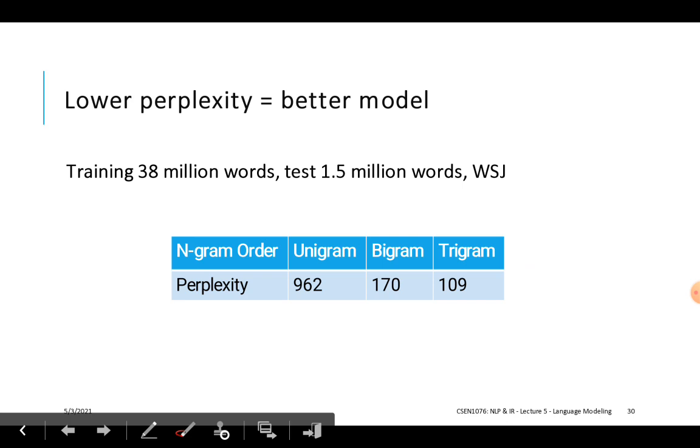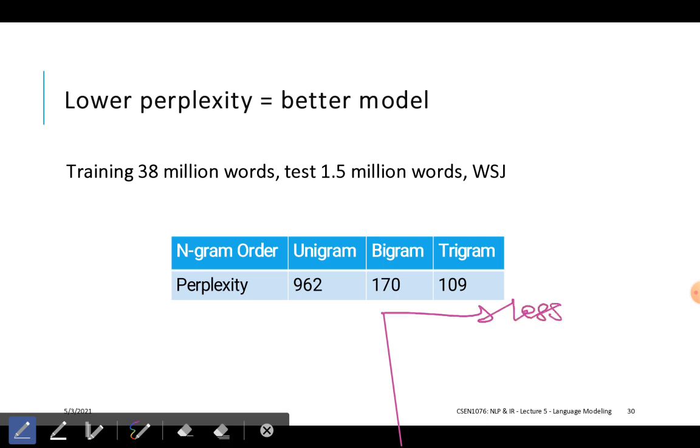And for that, you can expect that unigrams will have a certain level of perplexity, and as you increase the n-gram into bigrams, trigrams, and more, you will end up with less perplexity. Why is that? Because you are using more information and you are increasing the probability of a word appearing after another word.